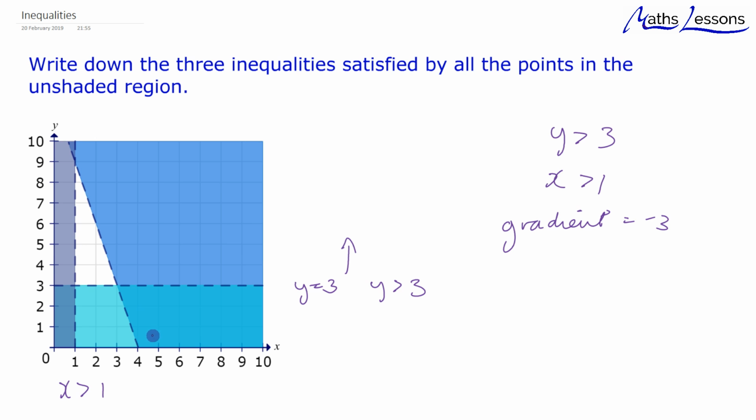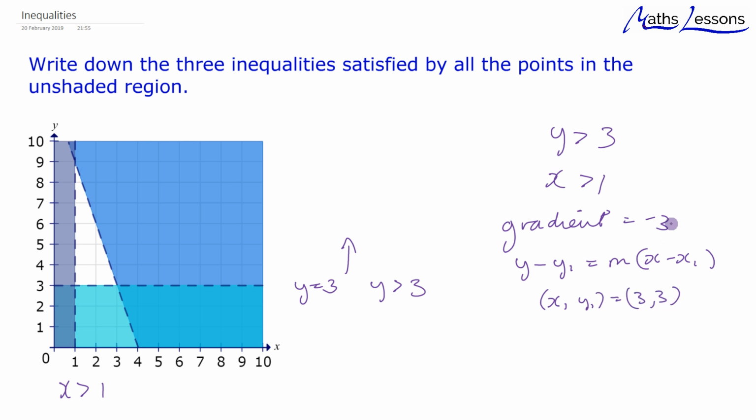That line, and let's pick a point it goes through. So pick the point 3, 3. So therefore, if you use the equation y minus y1 equals m(x minus x1), you need to watch one of my straight line videos if you don't know that. Y1 and x1 is the point on the line, 3, 3.